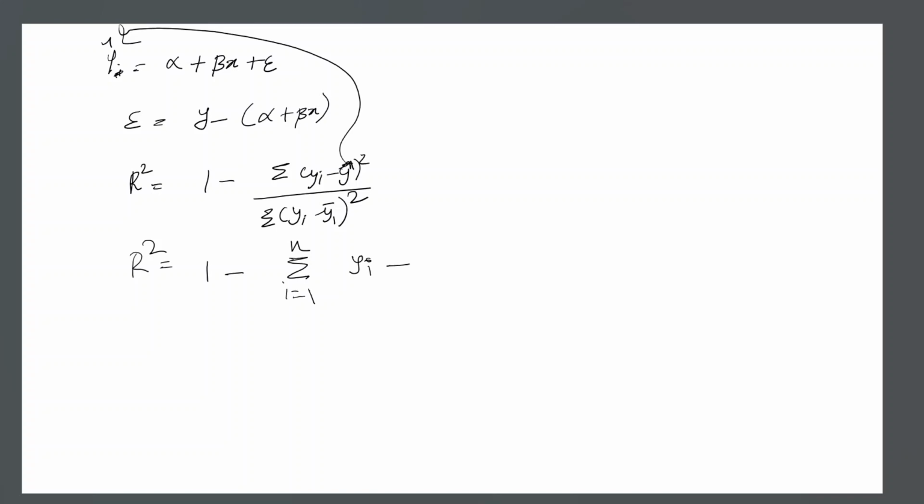So yi, substitute alpha plus beta x, divided by the summation of i equal to 1 to n of yi minus y bar, the whole square.